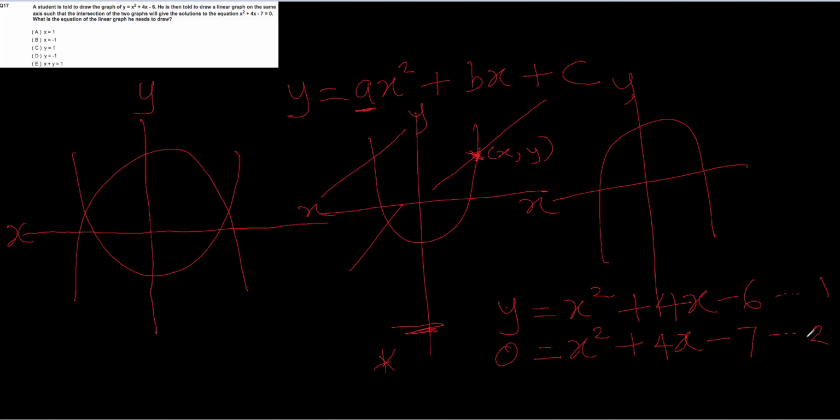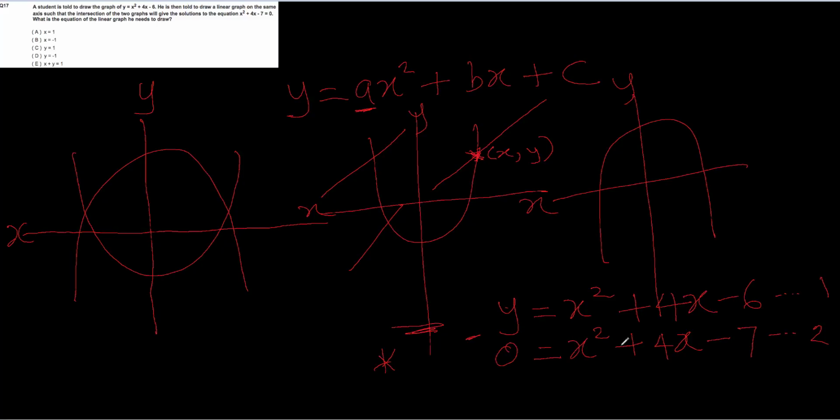How do we derive it? Basically, we have to combine equation 1 and equation 2 and solve it as a simultaneous equation. Use the information we have to find the value of y. The simplest way we can do that is to subtract both equations. So we subtract equation 2 from equation 1.